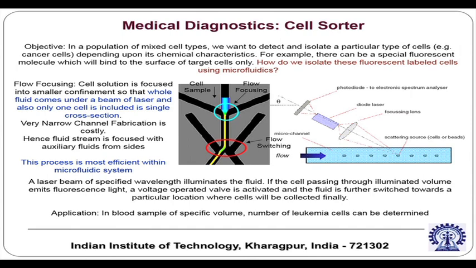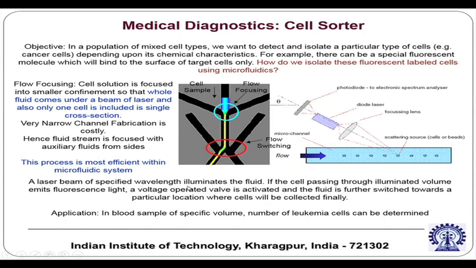I will explain this figure: the cell solution is focused into a smaller confinement so that the whole fluid comes under a beam of laser, and only one cell is included in a single cross section. This is important because very narrow channel fabrication is costly. So you can instead focus the cellular solution to pass through a very narrow passage, not an artificial channel but a focused narrow area.